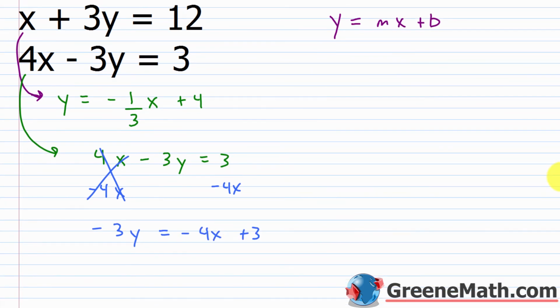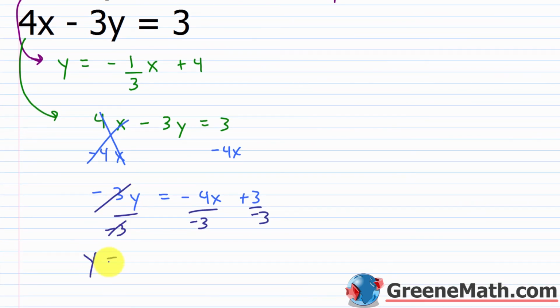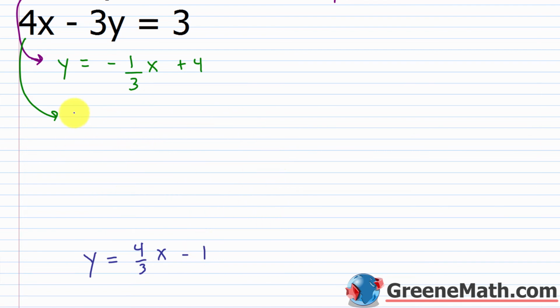And what I want to do now is divide both sides by negative 3. This will cancel with this. I'll have y is equal to negative 4 over negative 3 is 4/3, times x. And then 3 over negative 3 is negative 1. So minus 1. Let's write this here. So we have y equals 4/3 x minus 1.